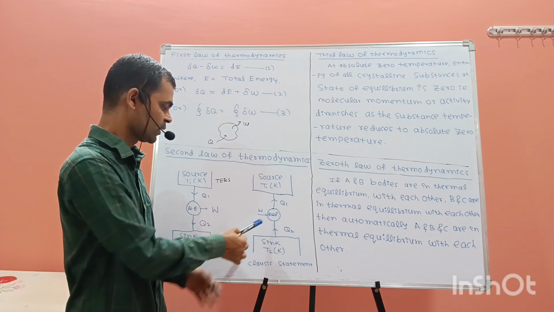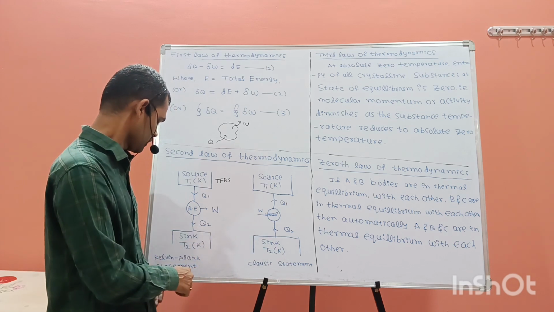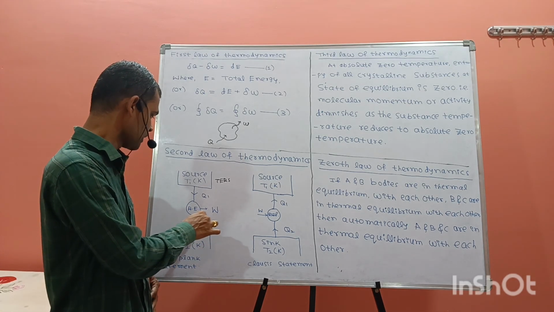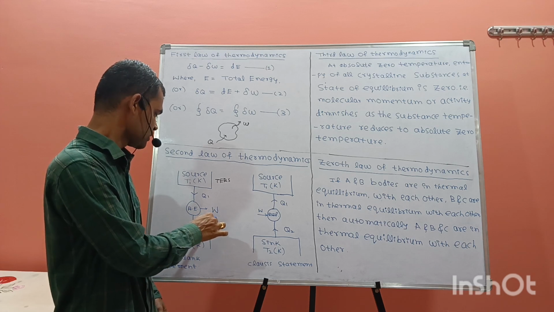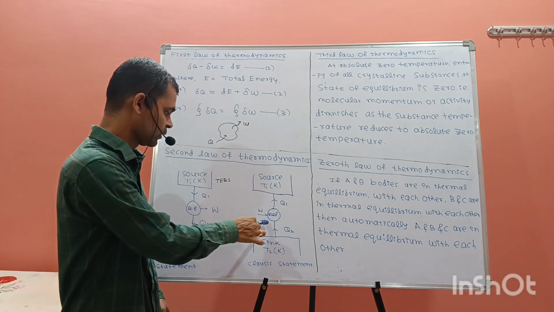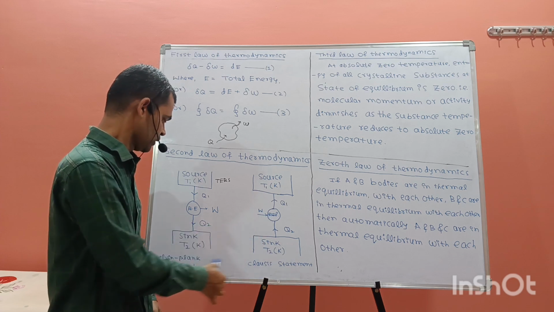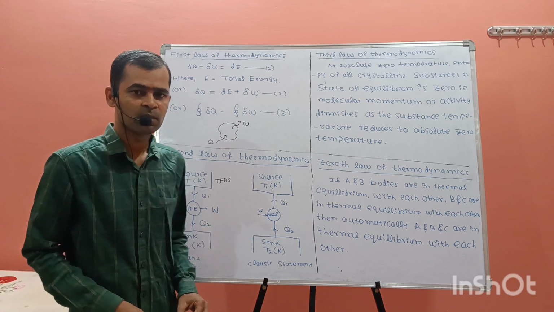Here refrigerator or heat pump. So here this is Kelvin Planck statement. So here engine, work done by the system. Here work is done on the system. So these two statements talk about second law of thermodynamics.